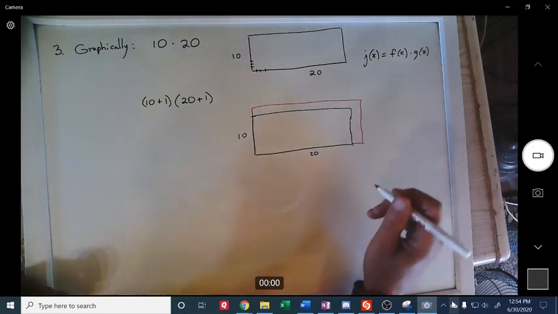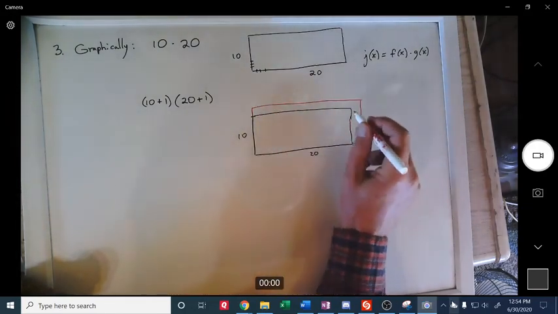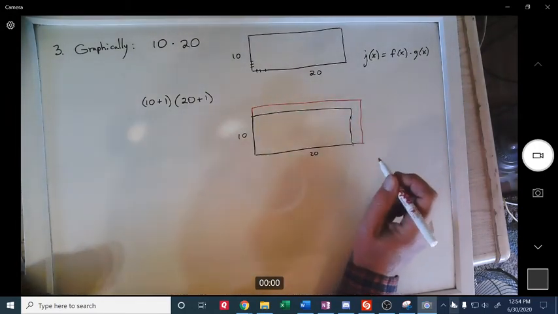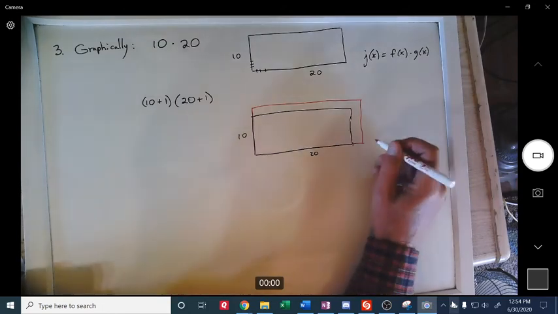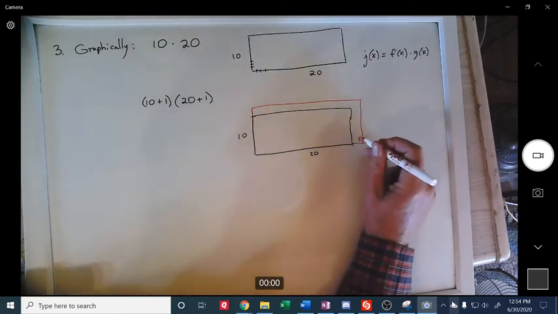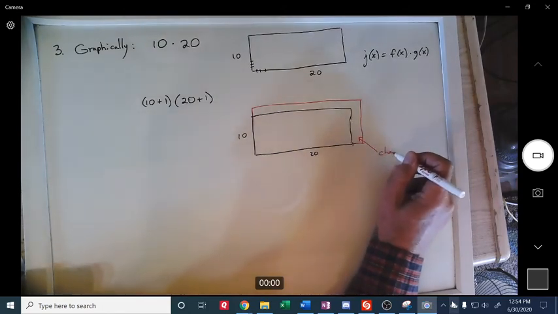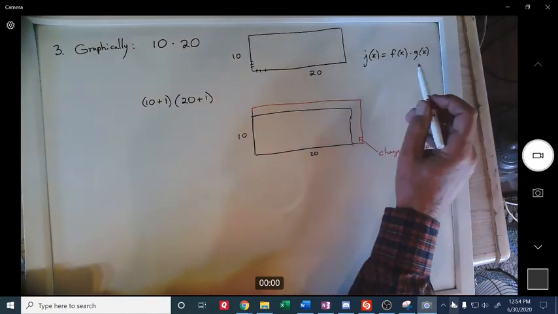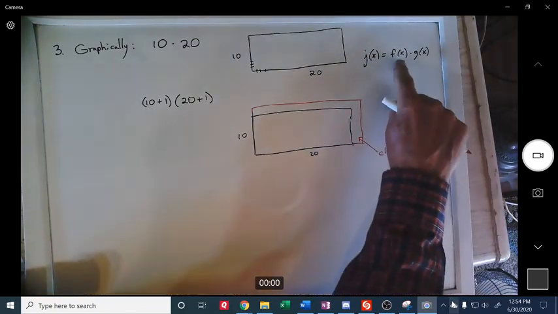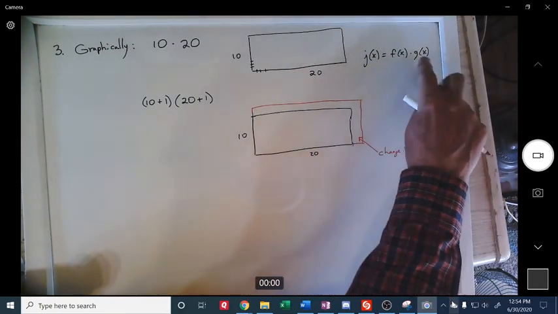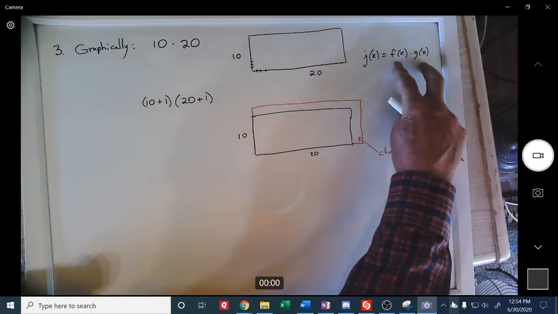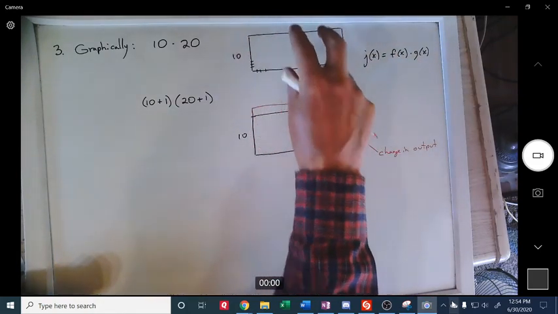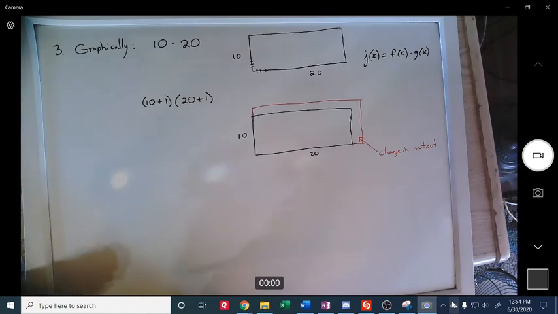This part in red is the change in the output. When the input increases, it could cause two things to change. And how does that change the total area of the whole thing?